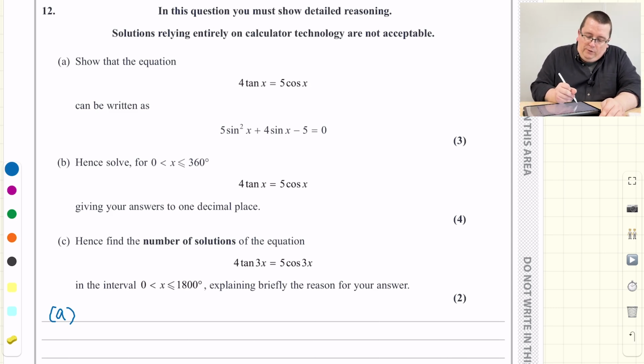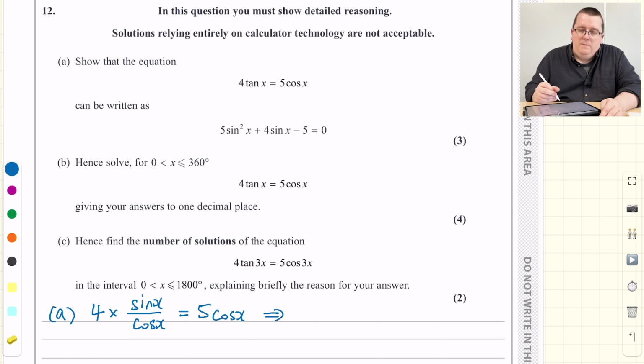Okay, so first of all, the tan x can be replaced with sine x over cosine x. We can then multiply both sides by cosine x. So we'll get 4 sine x is equal to 5 cosine squared x.